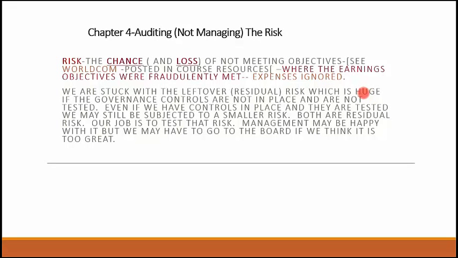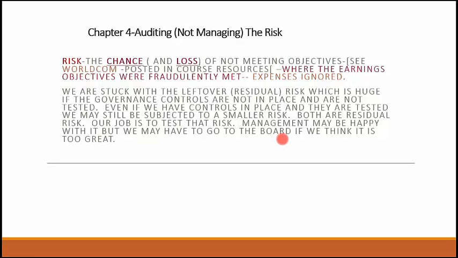So we're stuck with the leftover risk, or the residue risk, which is huge if the governance controls are not in place and are not tested. Even if we have controls in place and they are tested, we still may be subject to smaller risks. Both are residue risks. So our job is to test the risk. Management may be happy with it, but we may have to go to the board if we think it's just too great.